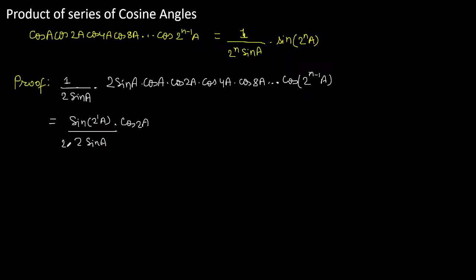If we multiply with 2 and divide by 2 again, we are trying to do something generalized. We will not go with every number and multiply 2 and divide 2.